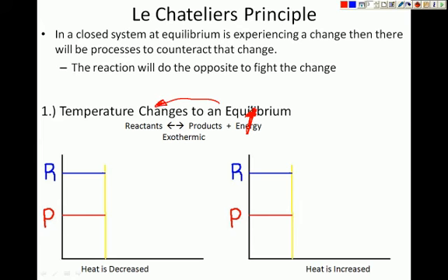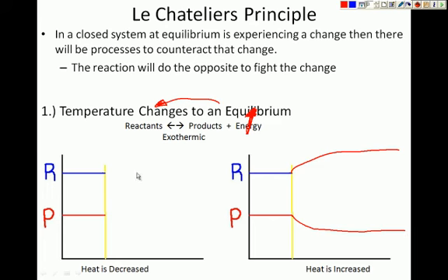So the energy is going to combine with the products, and it's going to make more reactants. And so what we see here is that it combines with the products and makes more reactants, and the reactants go up until it reaches a new equilibrium. And the products are being used up, and the products are going to go down until it also reaches a new equilibrium.